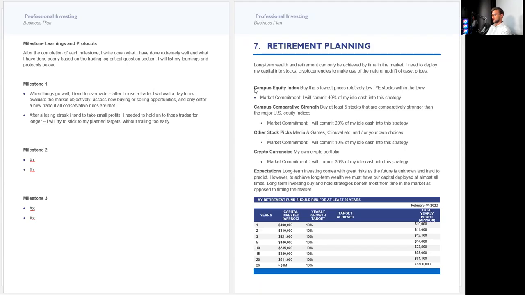Why is it a good starting point? Because the Campus Equity Index, I call it the strategy for the corporate executive, the busy person, the lawyers, the heart surgeons, the executives that have family, that juggle everything, you know, and that have very little time. So it's the dentist strategy, if you will.